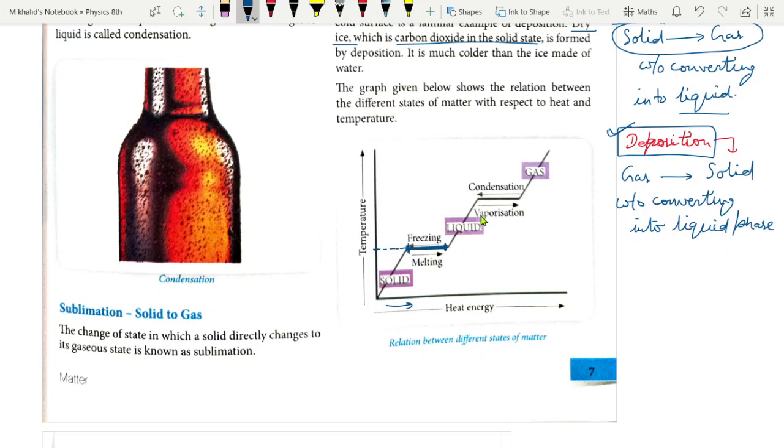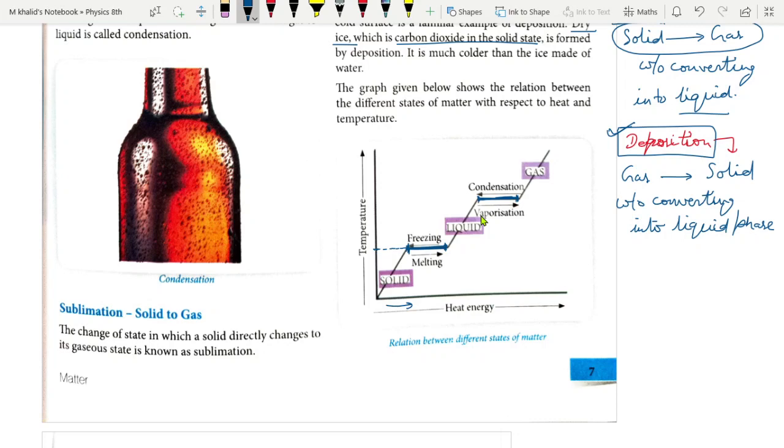When it is completely converted into liquid, after that point the temperature of the liquid will start rising. At a certain point it will again stop and become constant. That point will be vaporization.